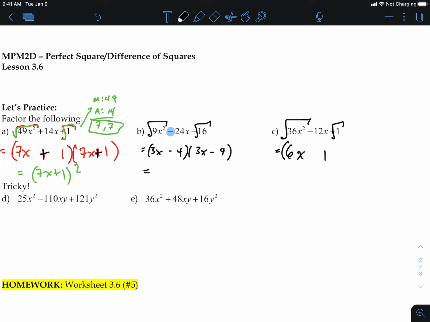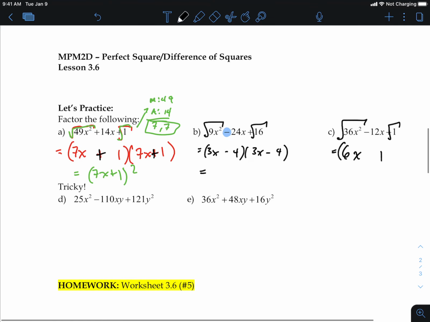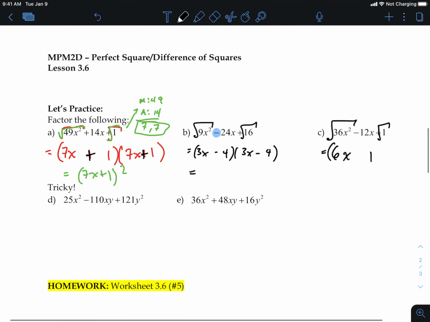Oh, sorry, we can condense this further. This says factor. I would probably say on the test, factor and simplify.